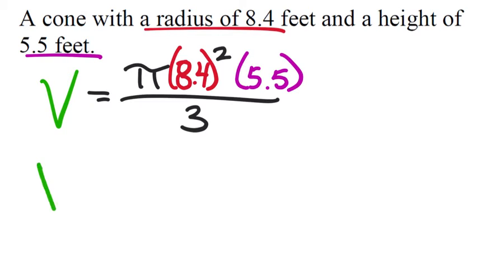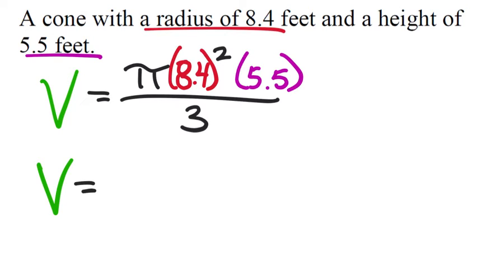Well, again, this is a direct calculation right here, so I'm just going to plug this directly into the calculator. So I'm using n over d, not that you have to, but whichever way you do it, you should end up with the same answer. In my numerator, I got pi times 8.4 to the power of 2 times 5.5. I go to my denominator, and that's just 3.